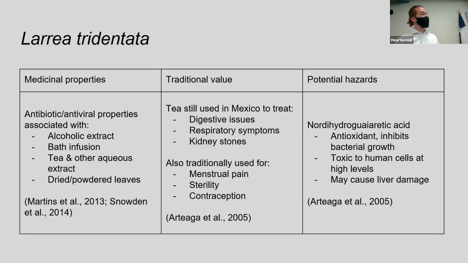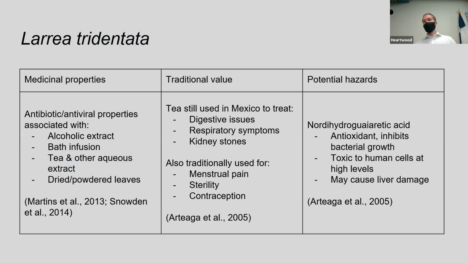So then I'd like to talk a little bit about the medicinal uses that I talked about earlier. And Larrea tridentata has been found to have antibiotic and antiviral properties outside the body, but also associated with different extracts, as you'll see here on the left. And then it has the traditional value, again, in Mexico and to indigenous peoples.